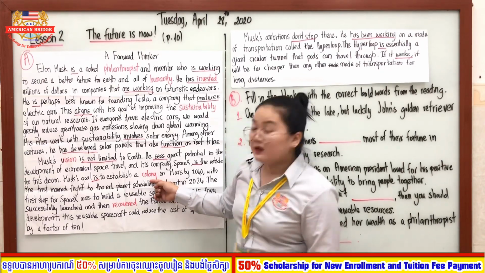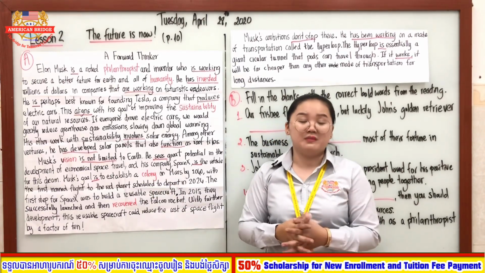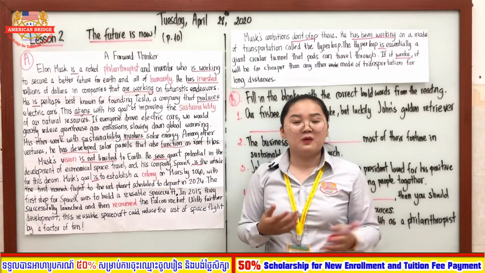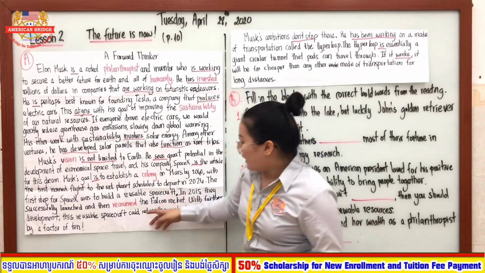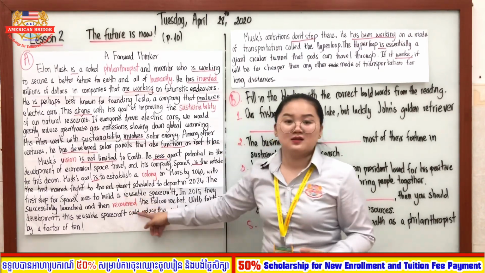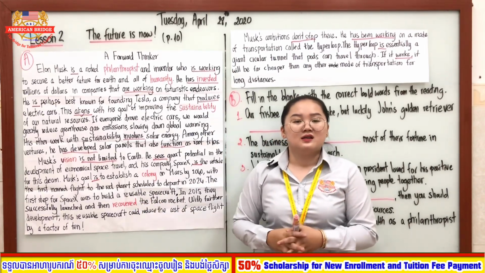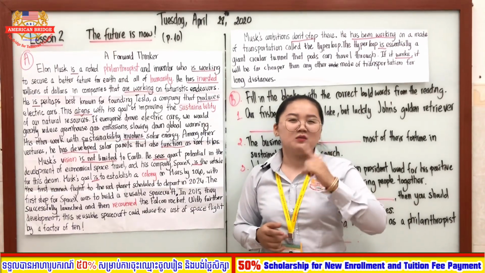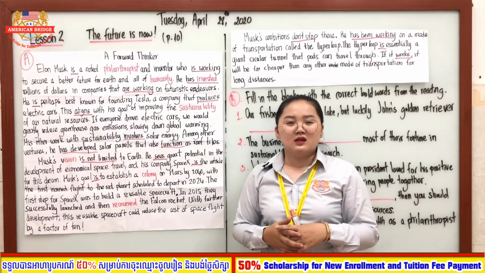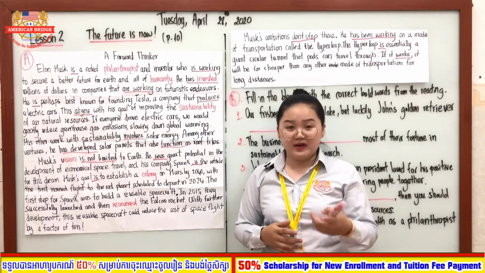And next, colony. The word colony means a small group of people who are living in a new land together. And last one, recovered. Recovered means to return to a normal state of mind or to a normal state of health or strength.